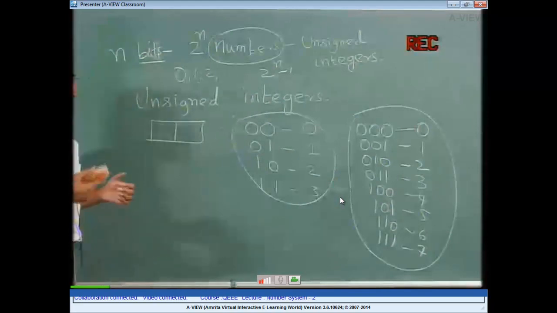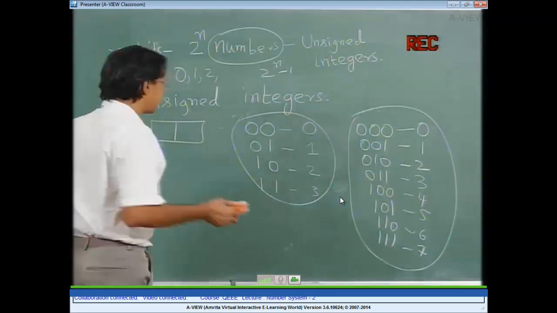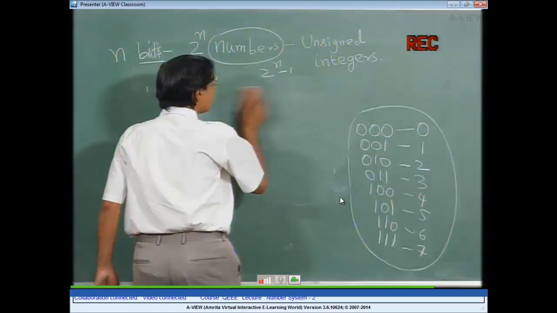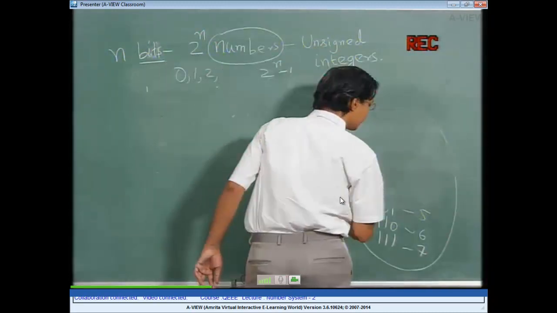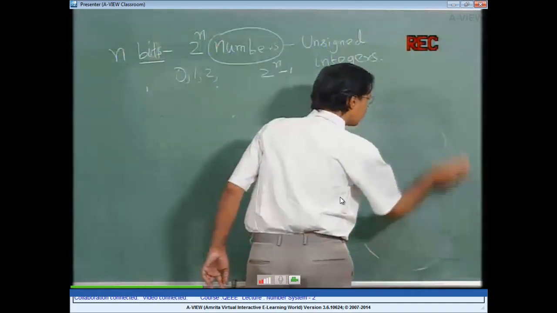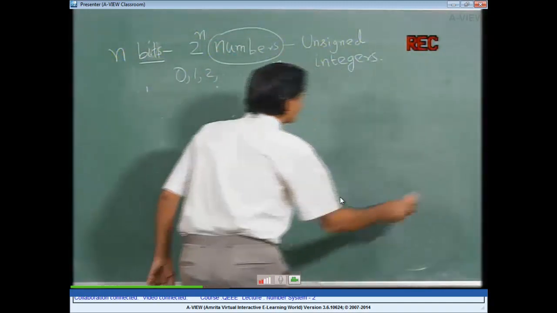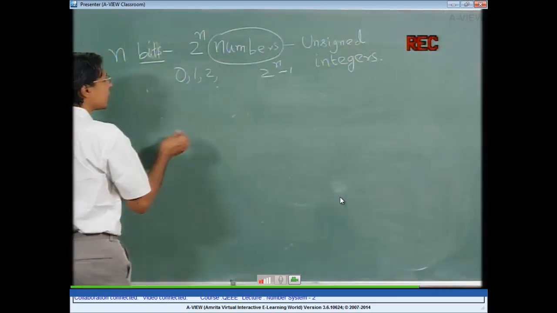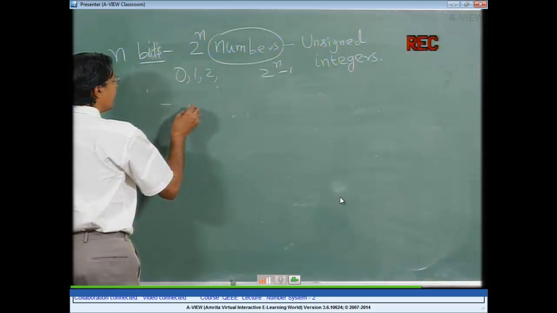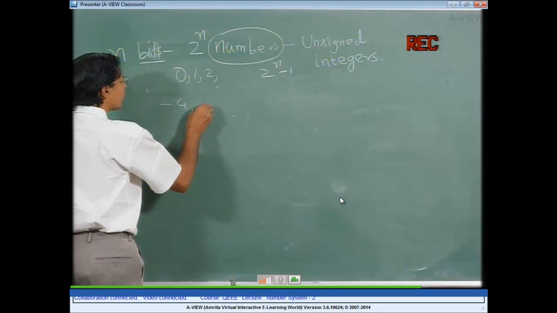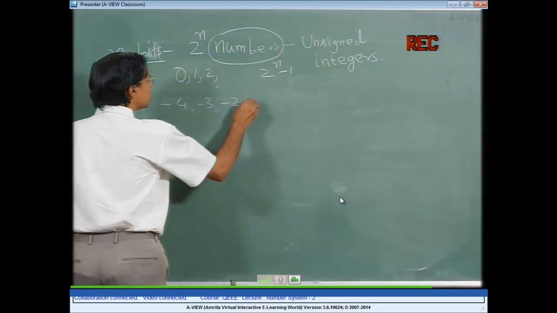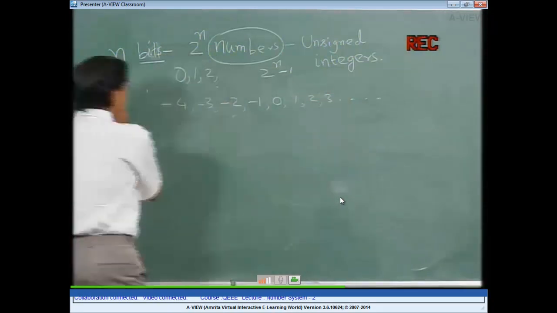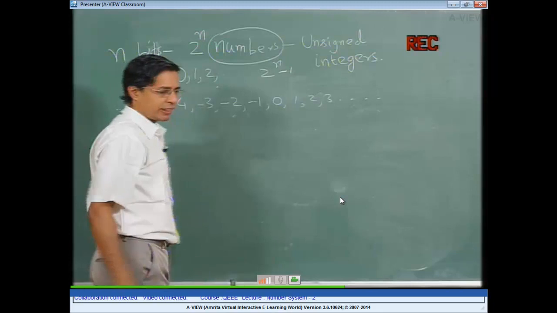The moment I am looking at signed integers, wherein I am interested in associating a sign bit, so I want to represent between minus 4, minus 3, minus 2, minus 1, 0, 1, 2, 3 on both sides.